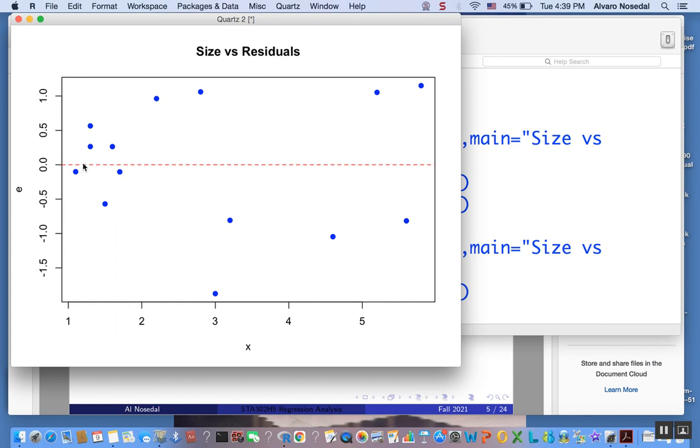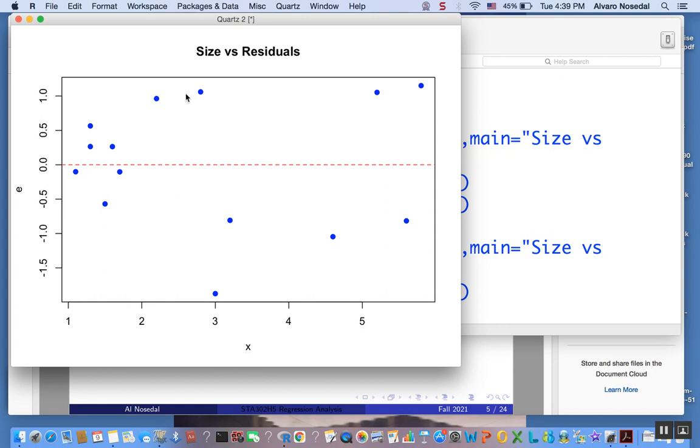So meaning that, for instance, if we saw that as x increases, the variability increases, that would be problematic. Or the other way around, that you have that the variability is very big here, and then as x increases, that variability decreases, right?